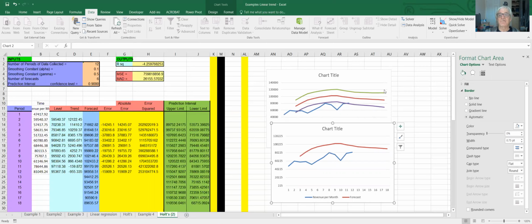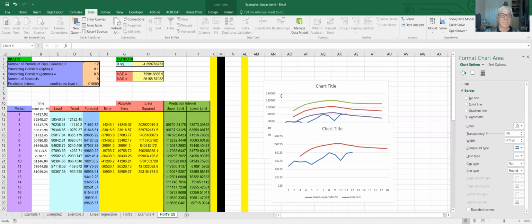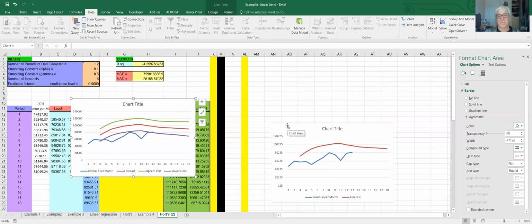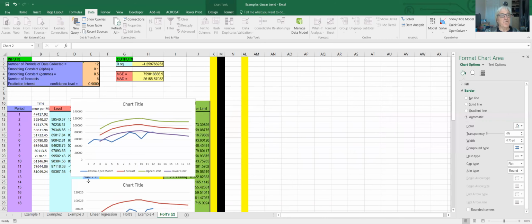How can we improve it? We can improve it if we work on alpha and gamma that affect the forecasts, the errors, and then maybe MSE or MAE, any of those. And I want to find values that minimize, say, MAE.